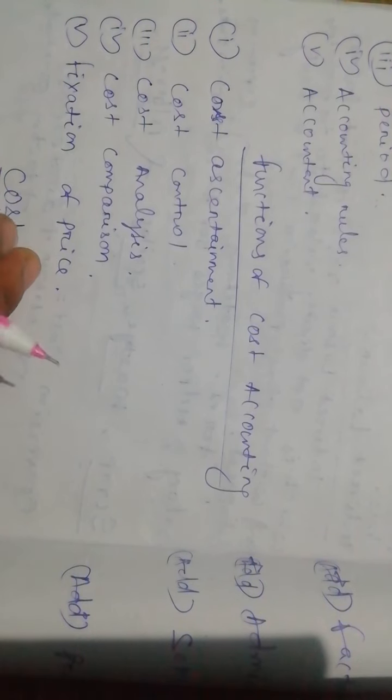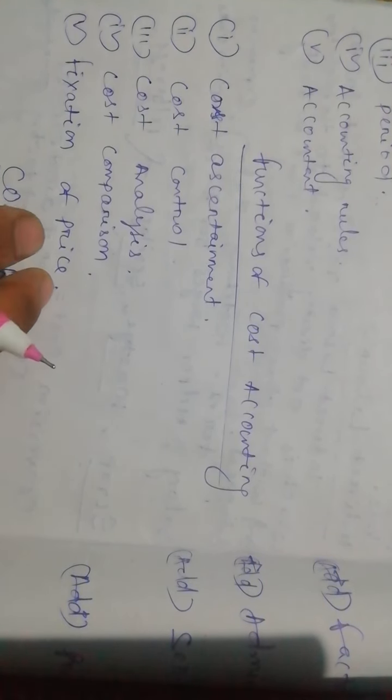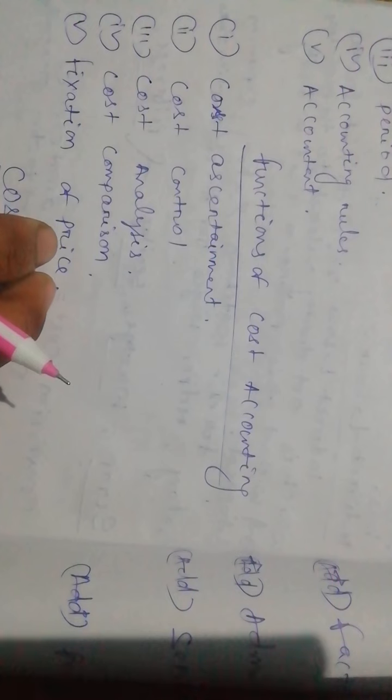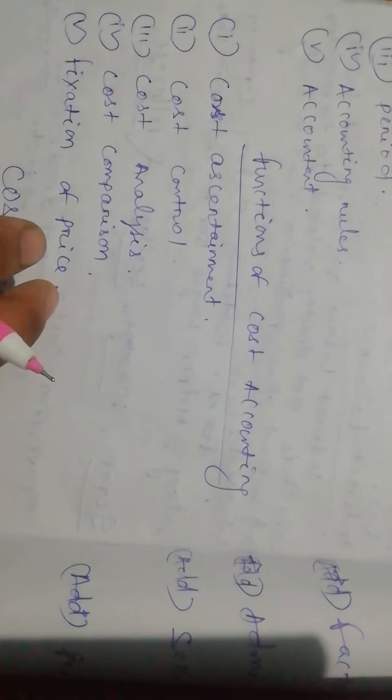In this point, I have to ascertain the difference between present cost and past cost, so that the excess expenditure already incurred in the past cost can be checked for the purpose of present cost, so that the future cost will be very less.